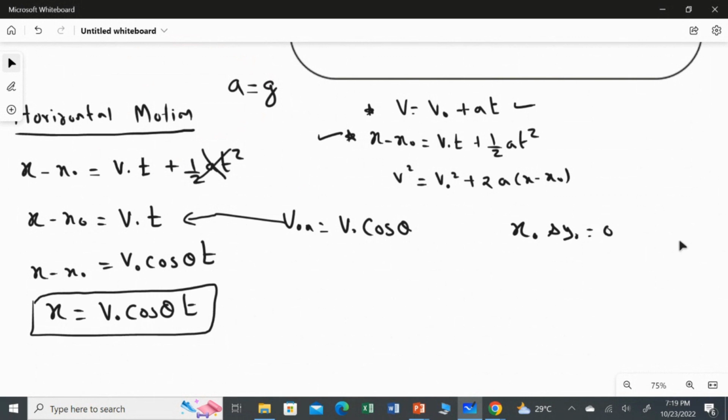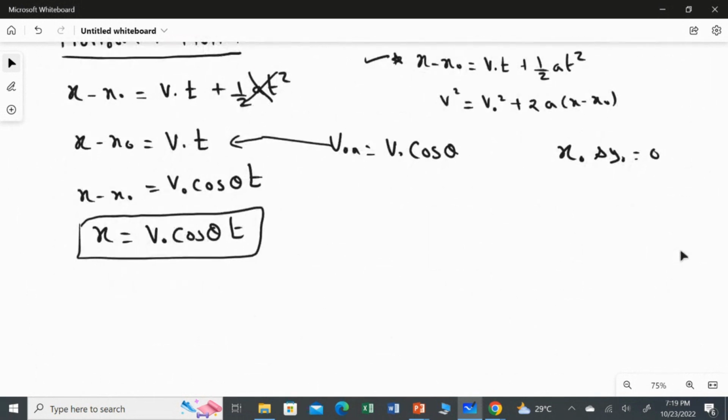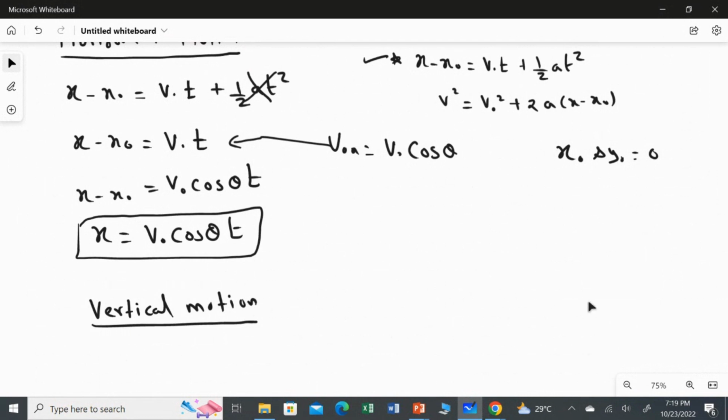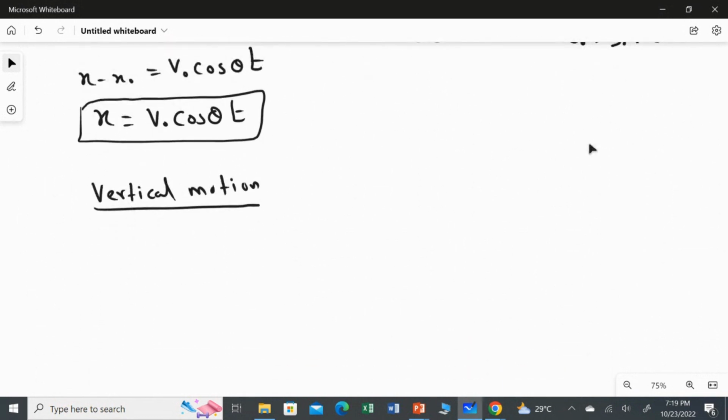Now, when you come to the vertical motion, again I'm going to deal with the same equation, but this time I'm going to frame the equation in terms of the y-axis. So how will your equation become? Your equation will become y minus y0 equals v0t plus half at square.